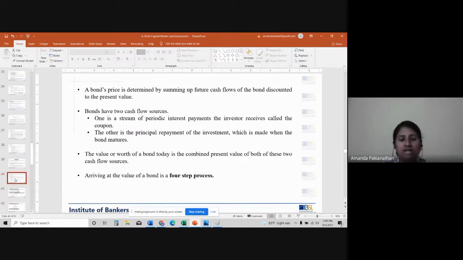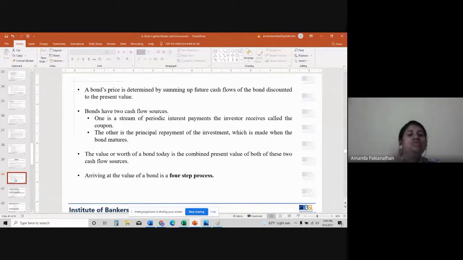Now, a bond has two particular cash inflows. One is the periodic interest payment, the other is the principal repayment. Now, I am talking about cash inflows. Why am I at the moment only talking about cash inflows? Because I'm trying to value the bond. Is that instrument worth it? If I put my money in that instrument, how much am I going to get back?